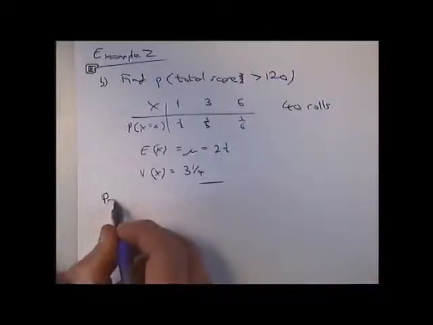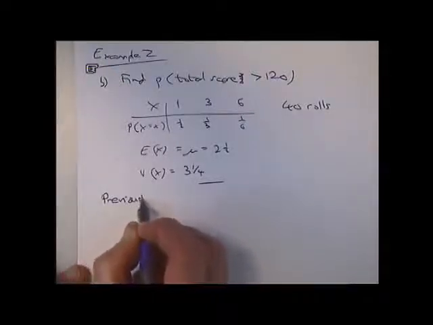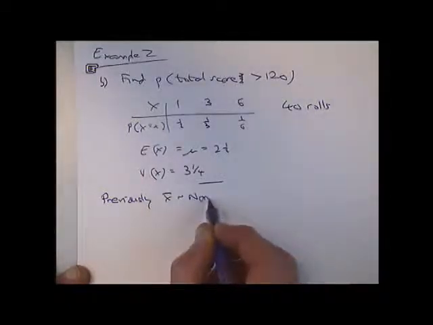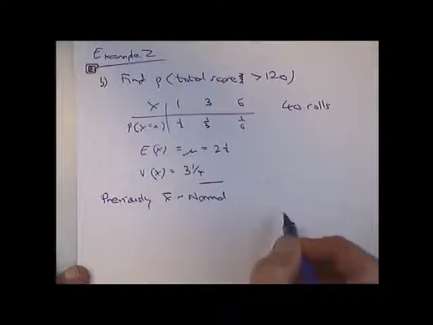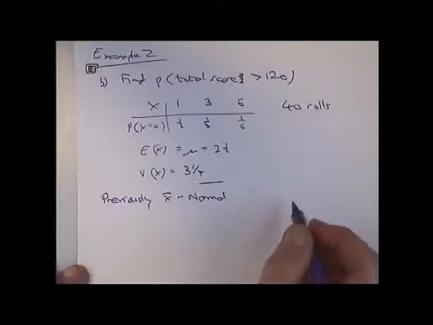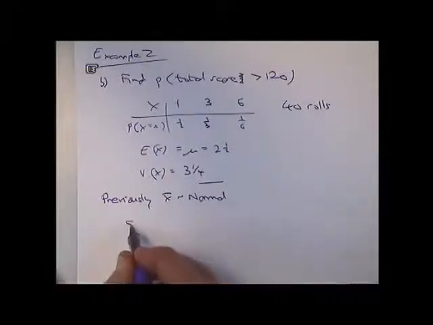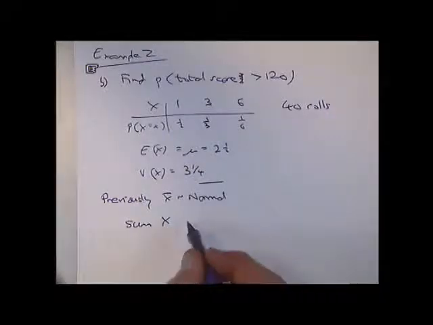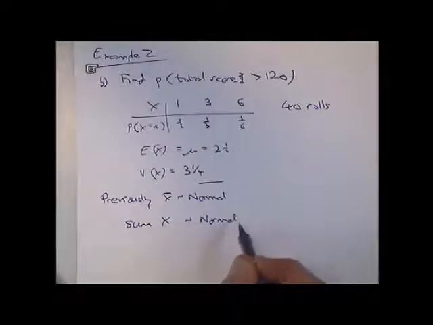So, last lesson we said that x bar followed the normal distribution. What I'm telling you now is if you add up lots of x's, they here also will follow the normal distribution.